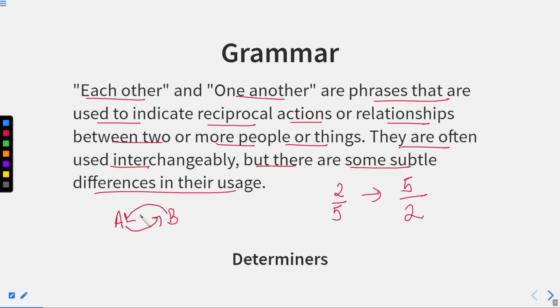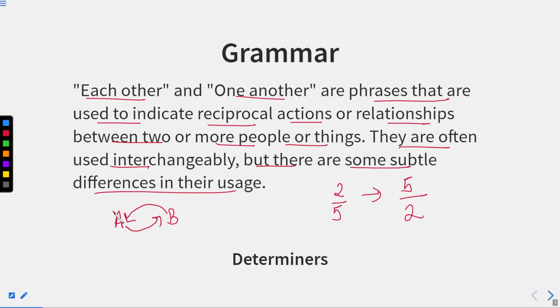It means they helped each other. Reverse reaction. What A did, B also did the same. So this is called reciprocal action. And these words each other and one another are both reciprocal pronouns. They show the reverse reaction.